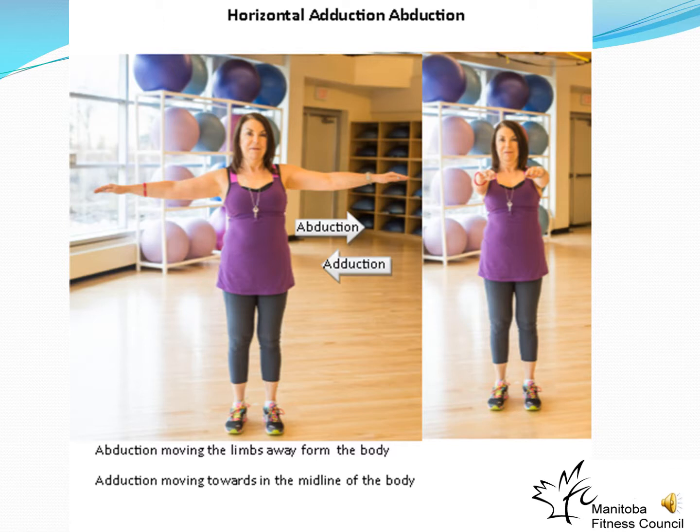So here's a visualization. On the picture on the left, she would have her arms in horizontal abduction. On the picture on the right, she would have done horizontal adduction to bring them back together. So this is moving in front of the body. Remember, it's the process in which you get there.